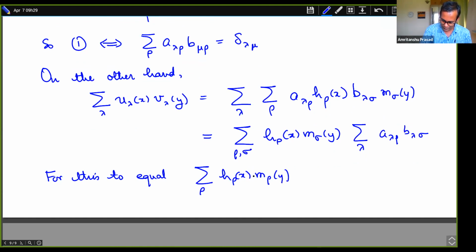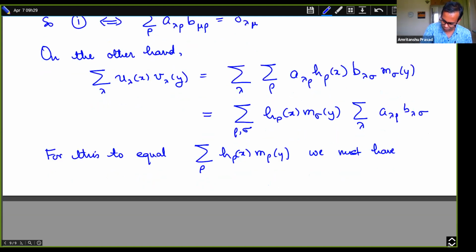Now the point is that all this is happening inside this ring lambda x tensor lambda y, and these are pure tensors: h rho x tensor m sigma y in that ring. And these are bases. So what we want is that all these coefficients should match the coefficients here, and this is a necessary and sufficient condition, that these coefficients should be 1 if and only if rho equals sigma.